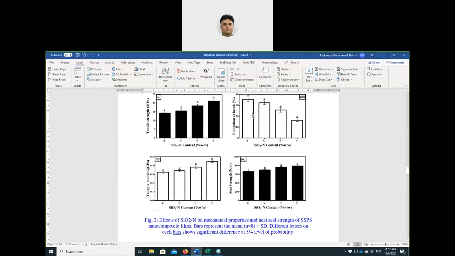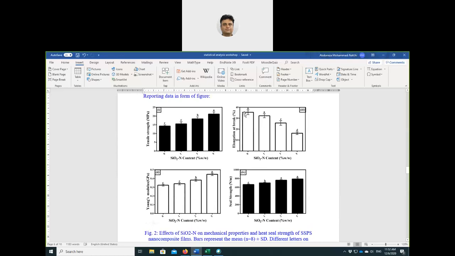Here you can see the statistical analysis. This is around 35 and this is 30, 31, but it's still the same. The statistical analysis shows that between these two there is no significant difference. For this reason, I put C on both there.